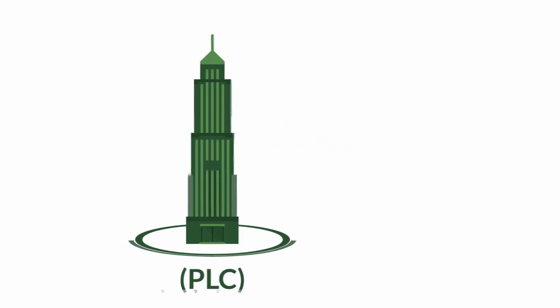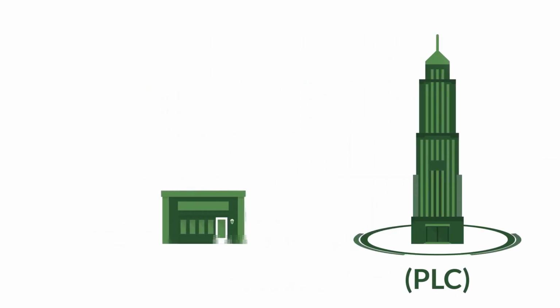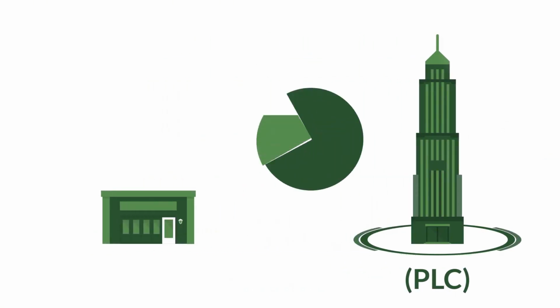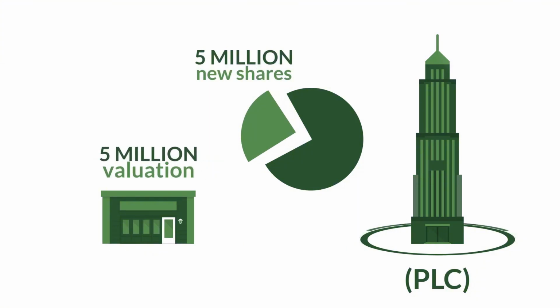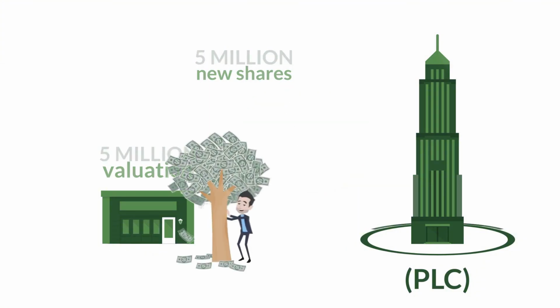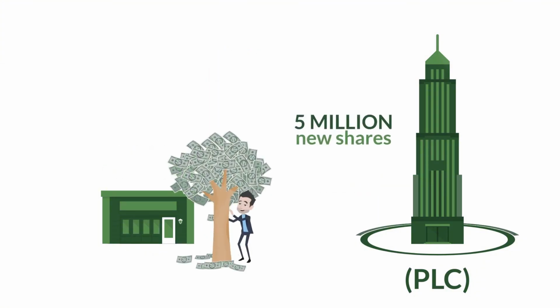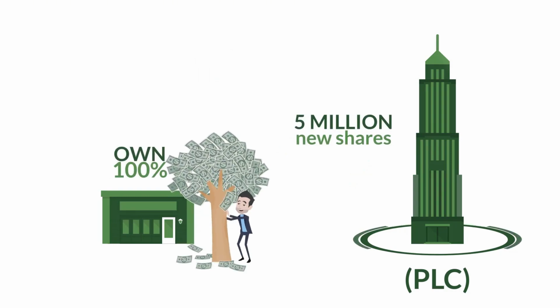Now imagine that our PLC decides to acquire the small business using its shares. In order to pay the founder, it creates 5 million new shares and now owns 100% of the business.